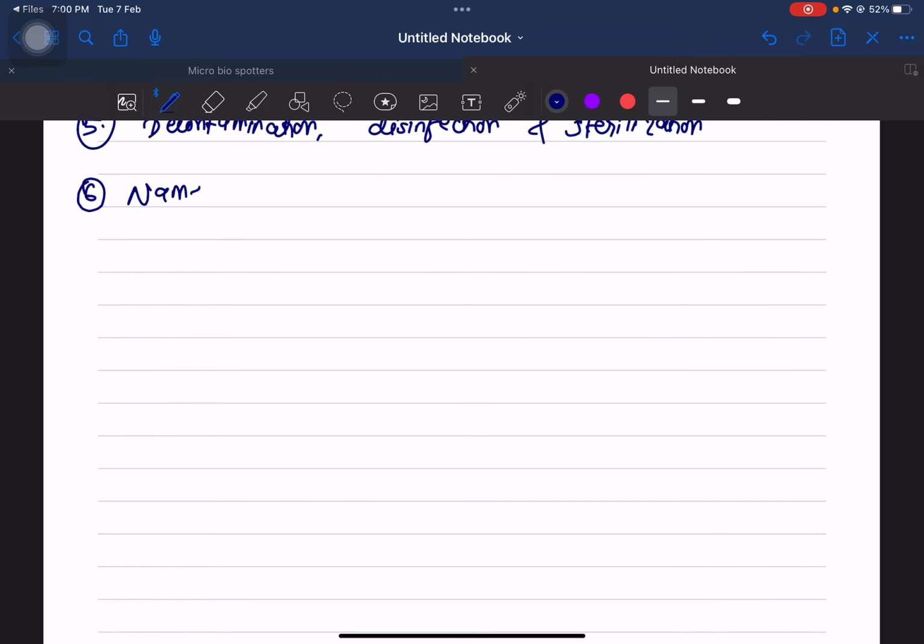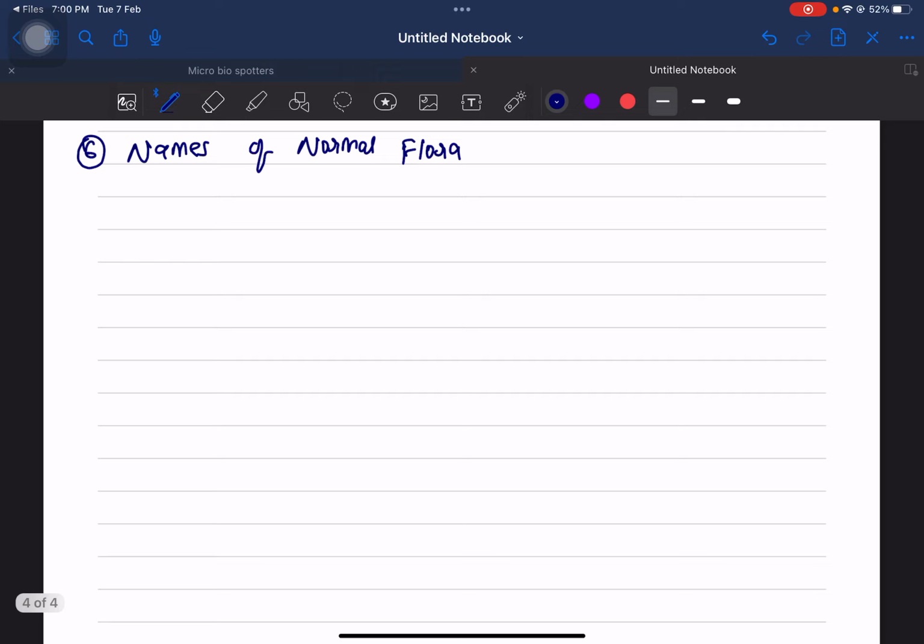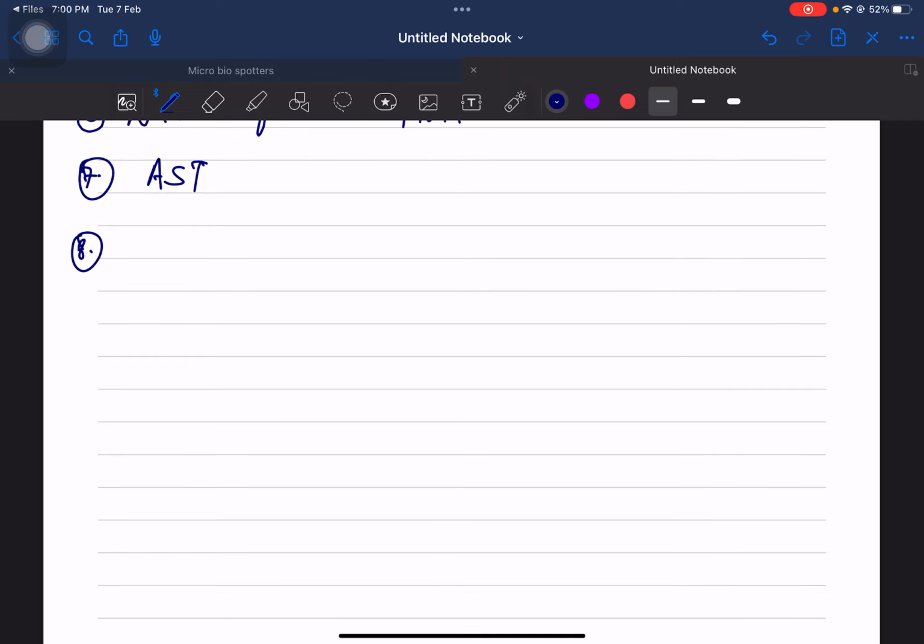And names of normal flora, and if possible know their sites as well. Similarly, about antibiotic susceptibility testing, and about hospital acquired infections and how they are prevented.